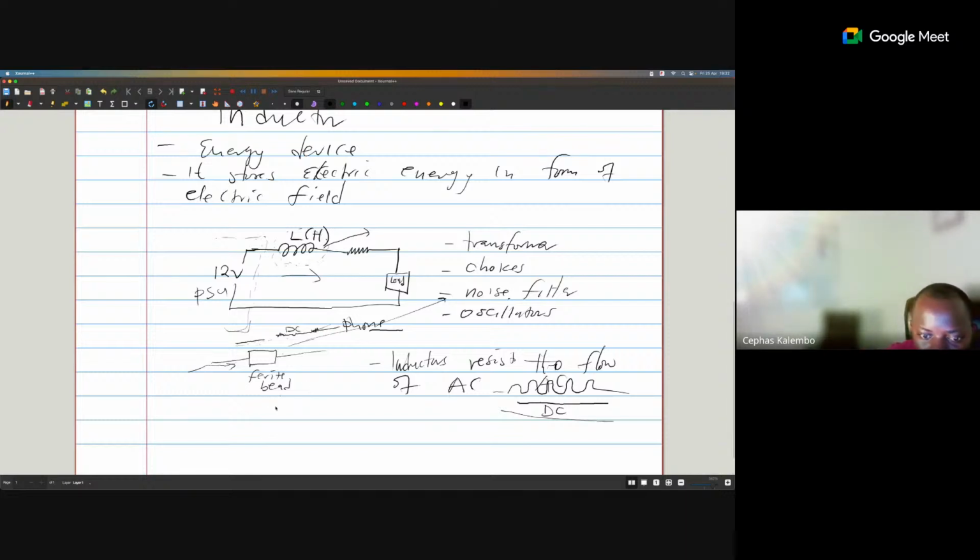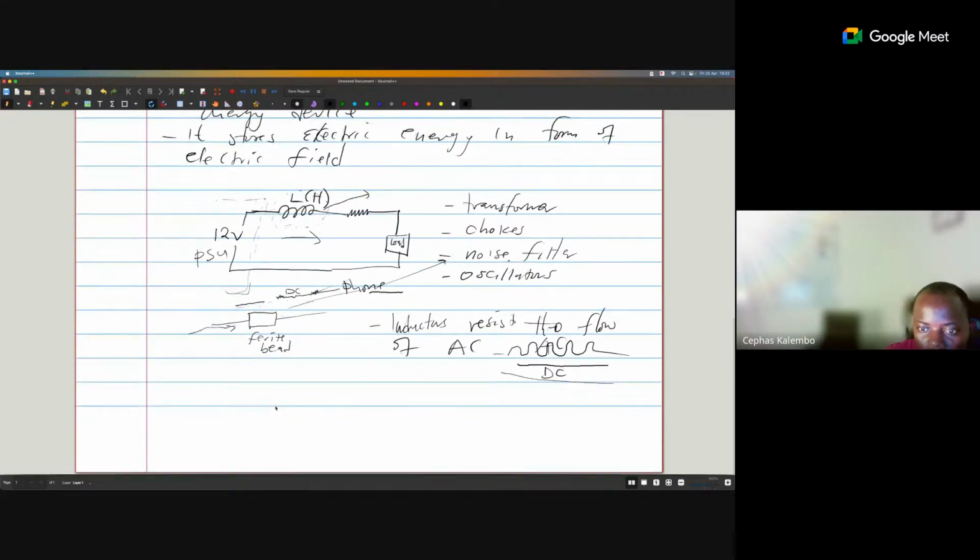The other popular component that you'd find is something called a diode.